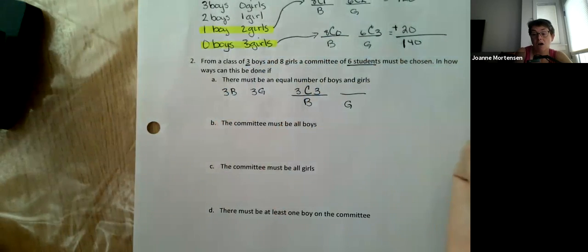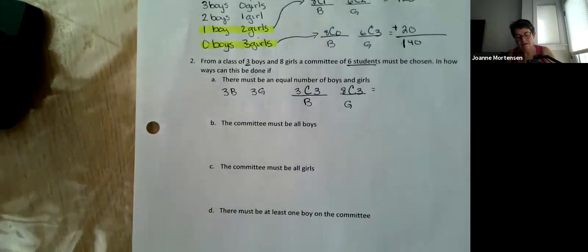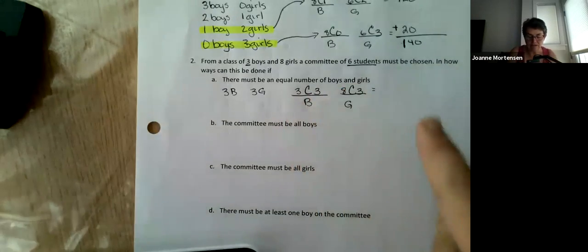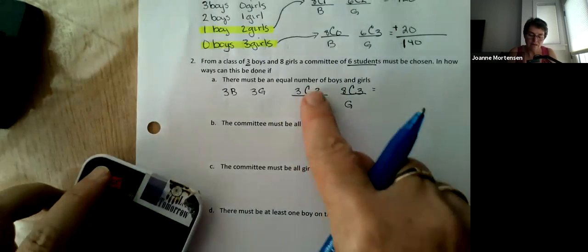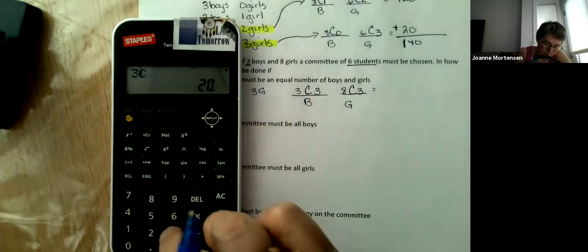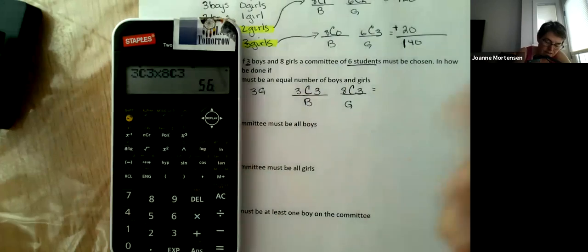That's basically all the guys. And with our girls, there are 8 girls, and I've got to choose 3. So a blank for boys, a blank for girls, choices in each. And then we just multiply them. So 3 choose 3 times 8 choose 3 is 56.